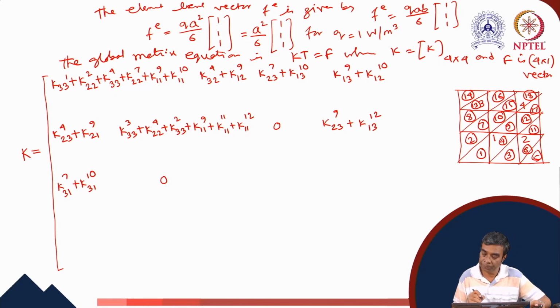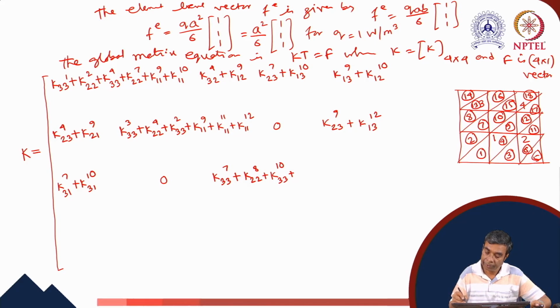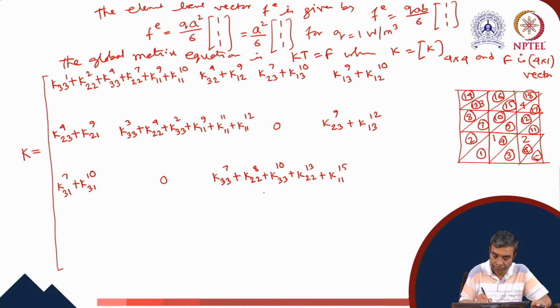Then we move to the diagonal term K33. K33 equals K337 plus K228 plus K3310 plus K2213 plus K1115 plus K1116.